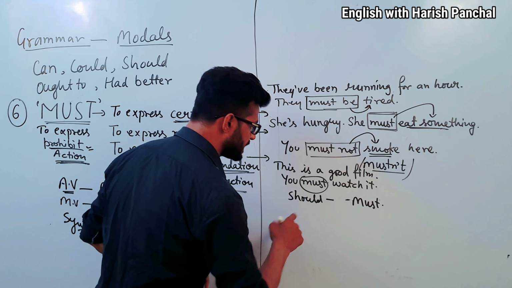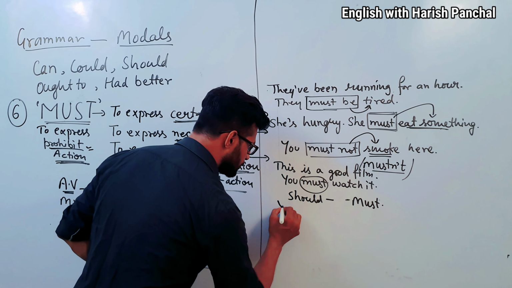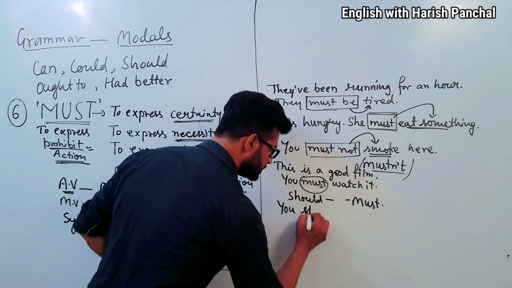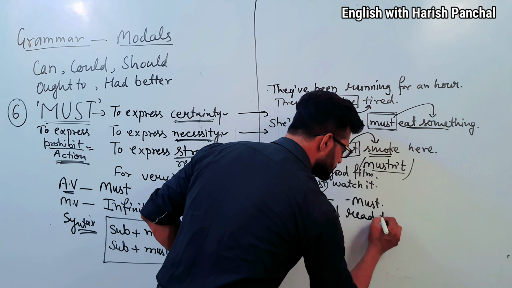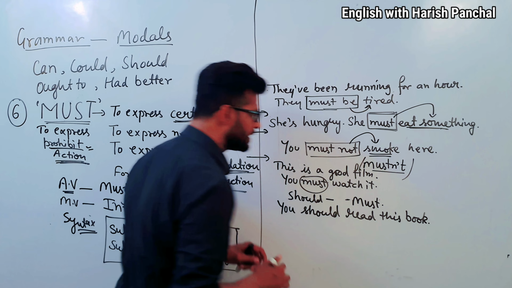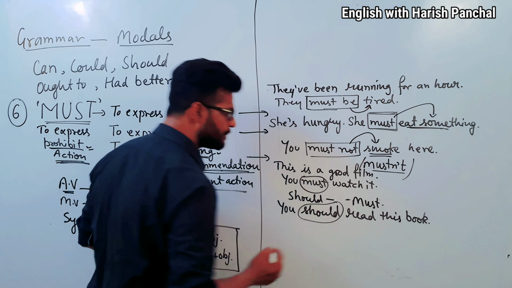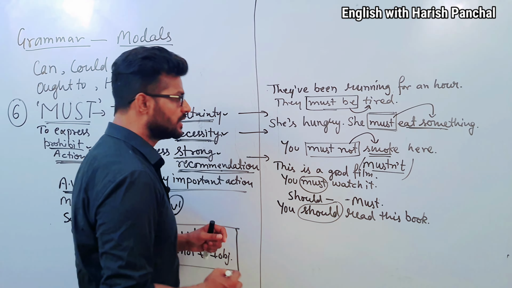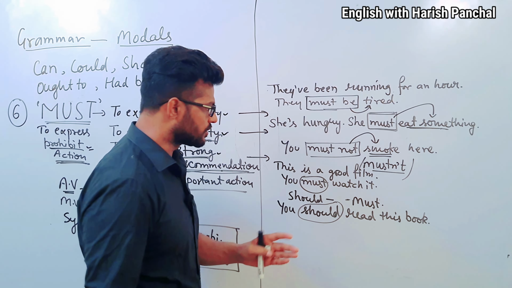So here we can make a sentence, if I say that you should read this book. So here in this sentence when I am using should, I am making a suggestion that it is up to you whether you follow it or not.